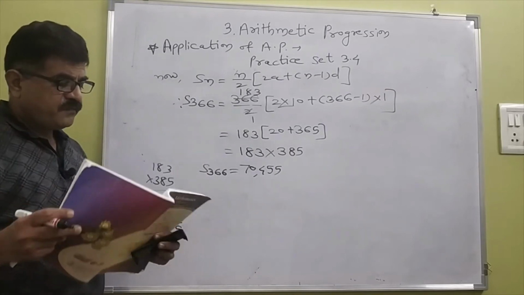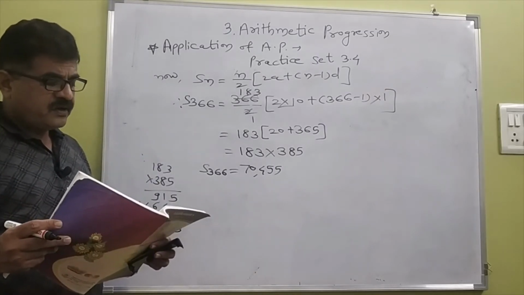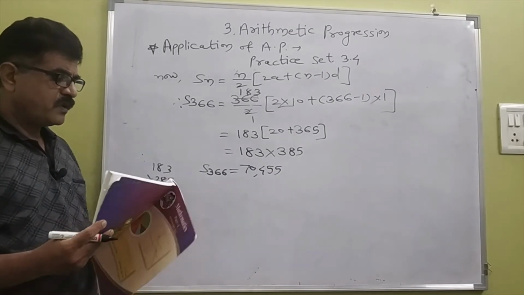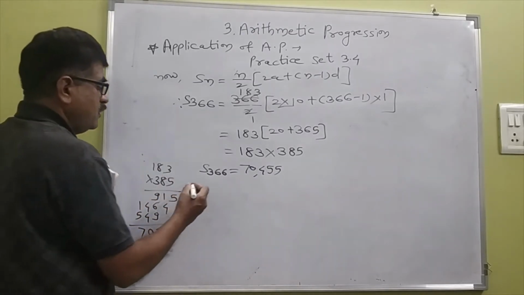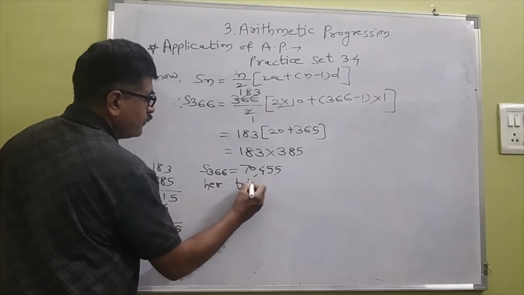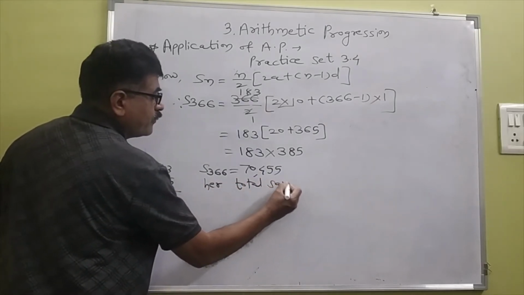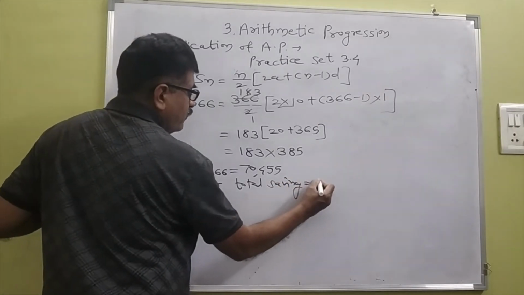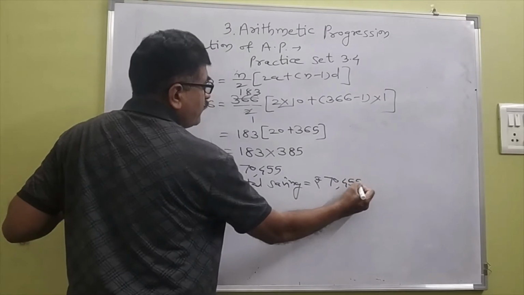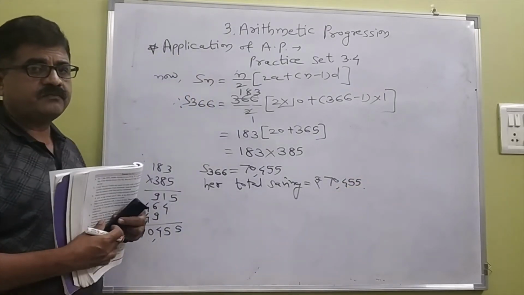Therefore, write down the answer. What would be her total saving? Her total saving is equal to rupees 70,455. This is the answer.